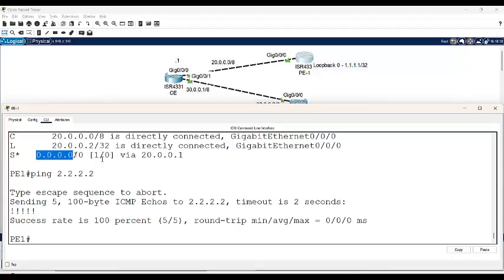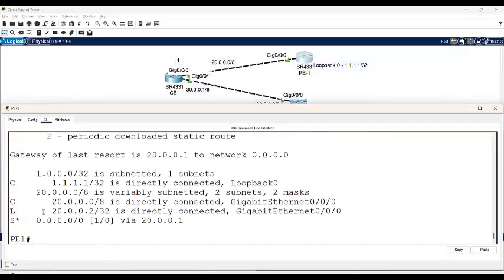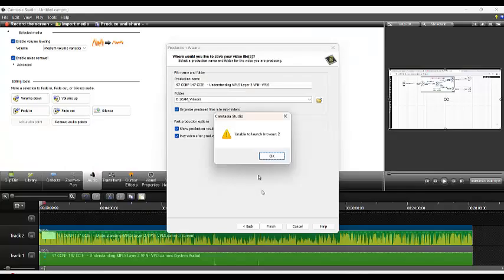You understand that any now? Yes, sir. Saif? You understand the meaning of any? Any destination, not any source, any destination. Now, let us also go to PE2 and try pinging.